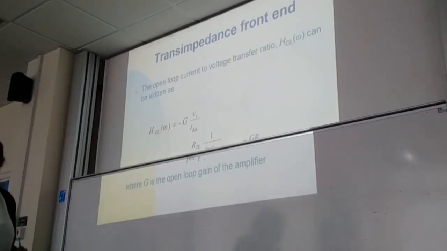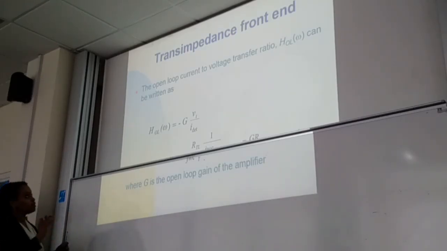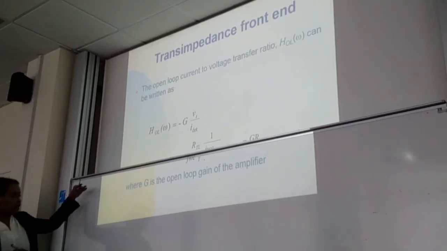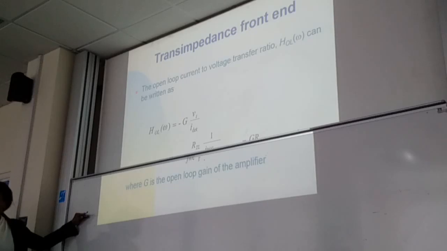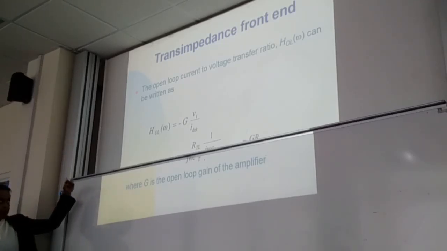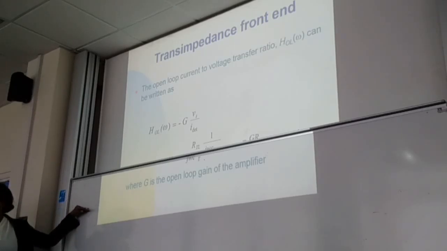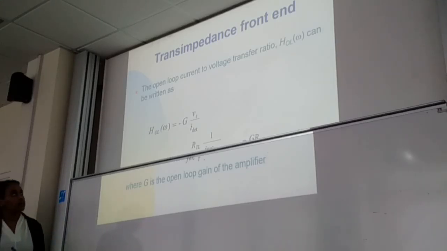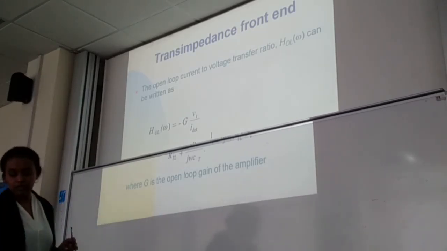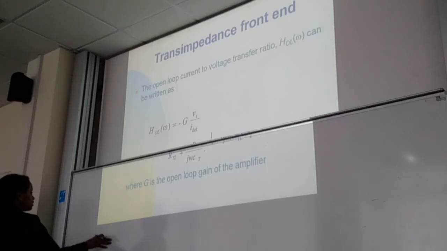So first, let's consider the open loop transfer function, the output over the input. This will give us the impedance. Voltage over current will give us resistance. So that's why we want to get the current to voltage transfer ratio. First, let's draw our architecture and see how it will work.